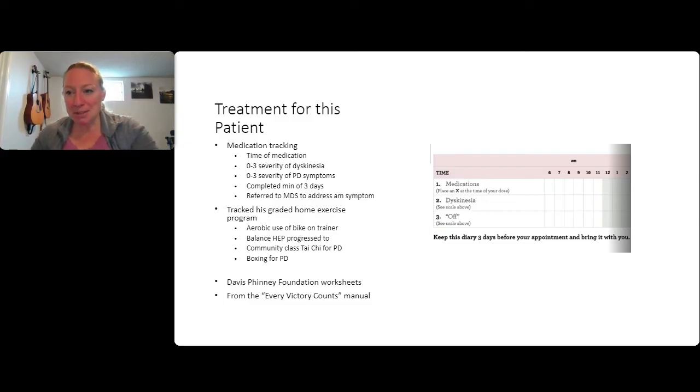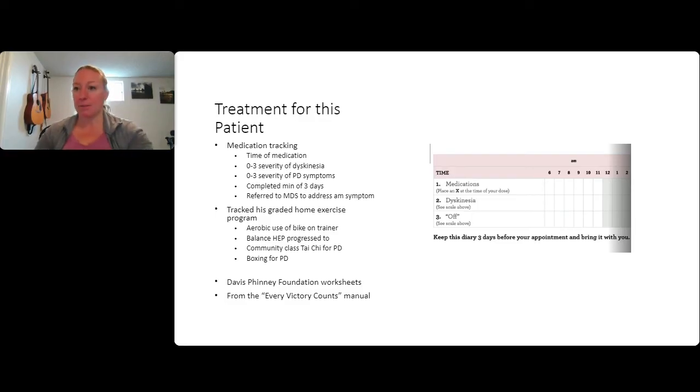This usually warrants a little education discussion about what dyskinesia is and how it feels in their body and what it looks like, and then what are their symptoms. It may be that they get more tremor. It may be that they get really slow or stiff, or they notice their posture is really flexing forward, or their feet are really shuffling, right?